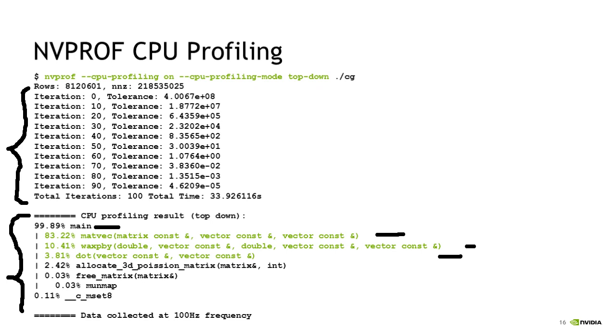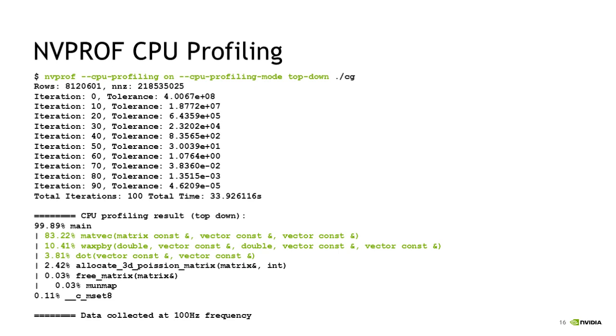There's one called matvec, that is a matrix vector multiplication. There's one called waxb and one called dot. And these are the 3 routines that during the lab we're going to speed up. This last one here, allocate 3D Poisson matrix, is an initialization routine, so we're going to ignore it because it's not really important. So I see here that these are the 3 most important routines.